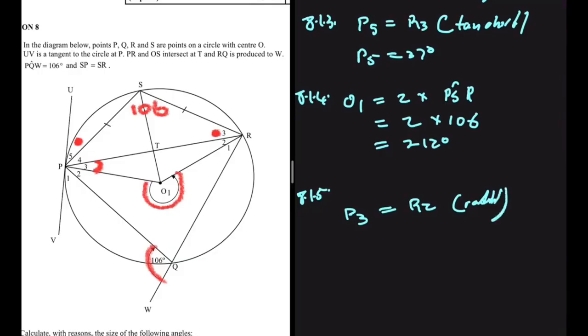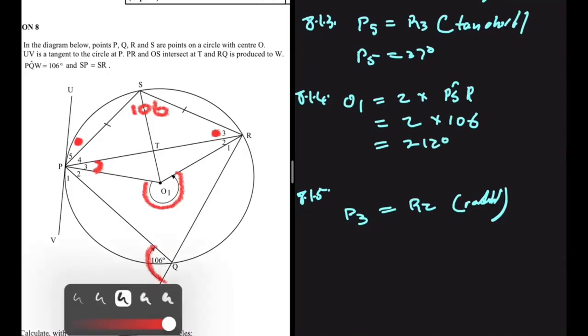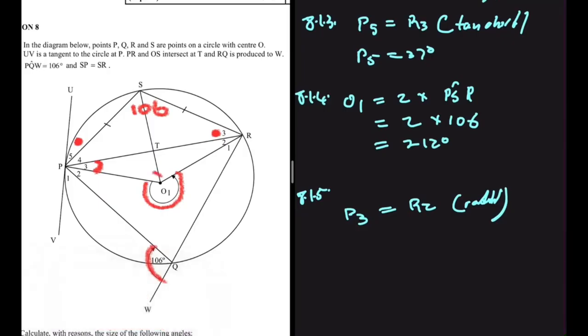And then if we have the size of angle O1, then we have the size of this angle POR. So we can say that POR is equal to 360 minus 212 degrees, because the angle around a point is 360.